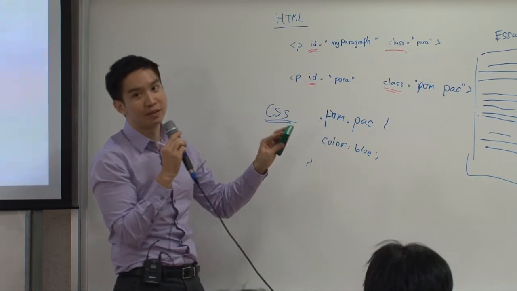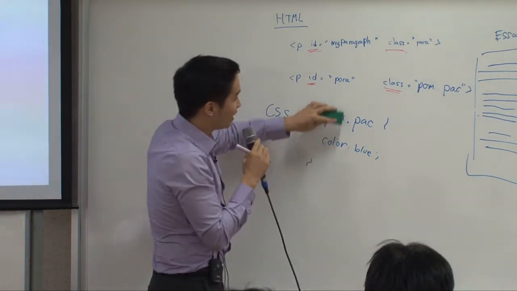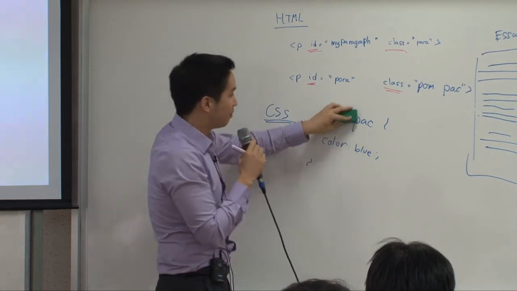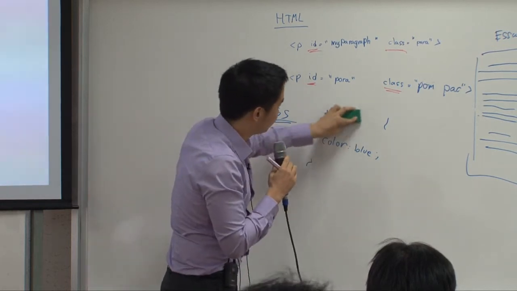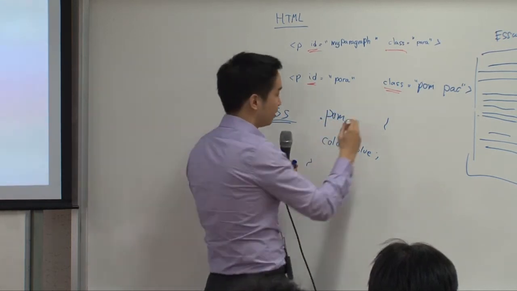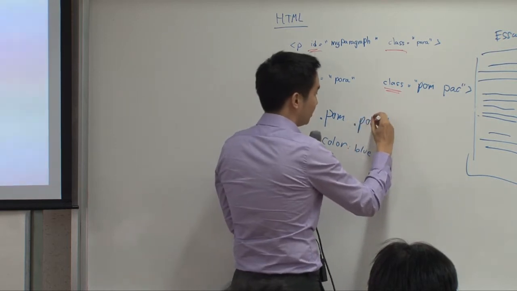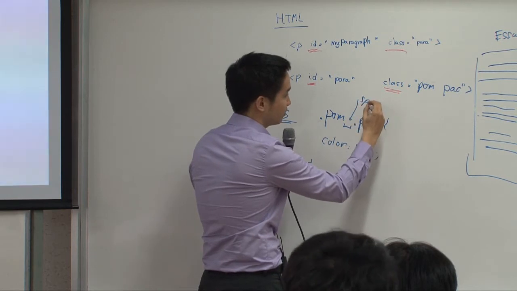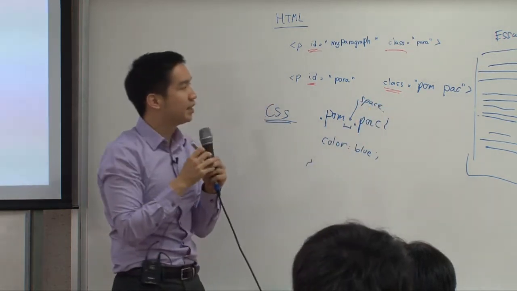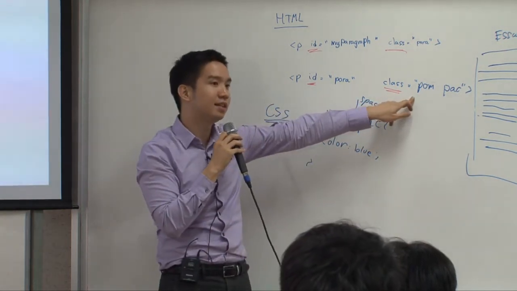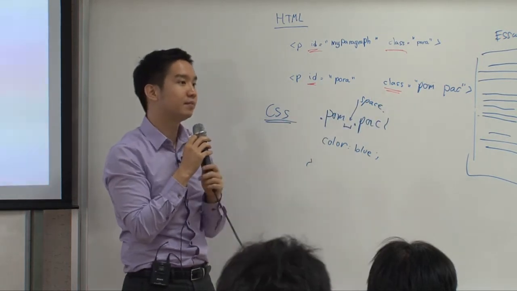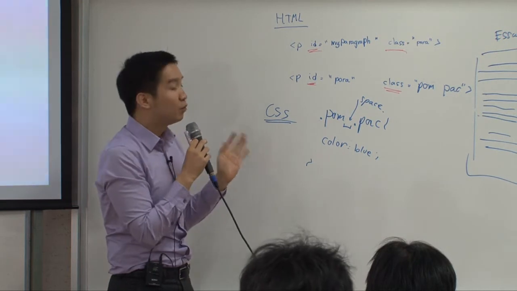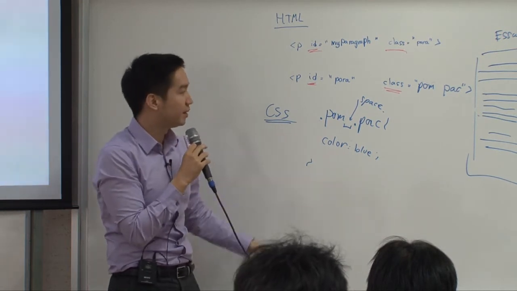I want you guys to write this down. There's no space between .pom and .pack right now. But if I were to separate them, .pom, .pack, with a space here, would it still match this DOM element? No, it will not match this DOM element.